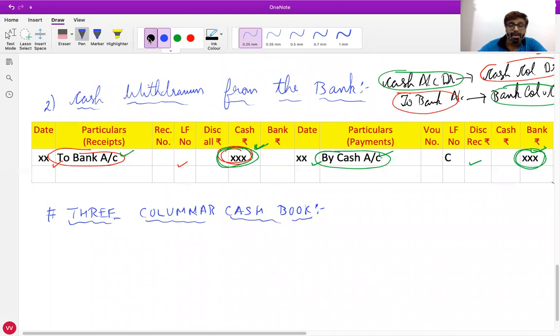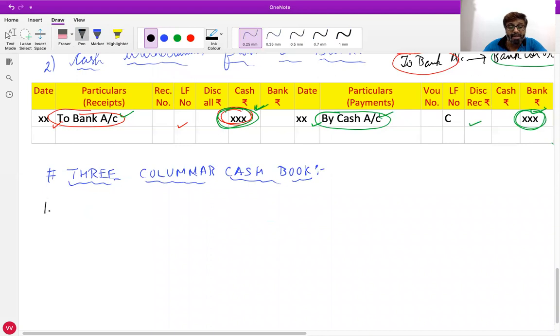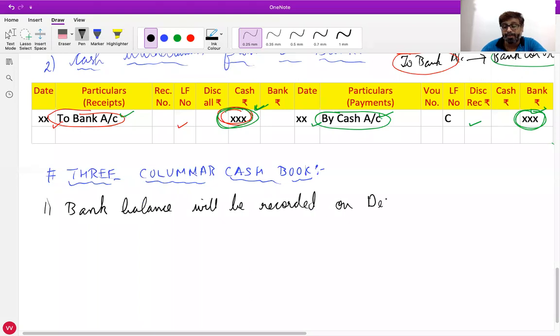Debit side. Yes, but the same is not with bank. Bank balance will come on the debit side, but bank overdraft will come on the credit side. In the beginning, the opening balance will be recorded on the debit side. Okay, opening bank balance will be recorded on which side? Debit side.